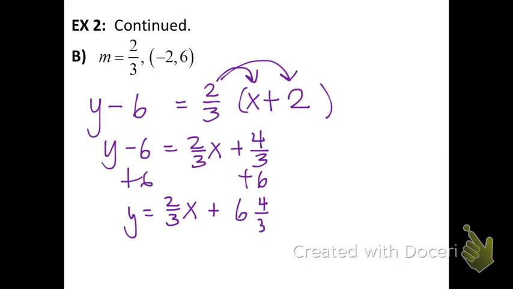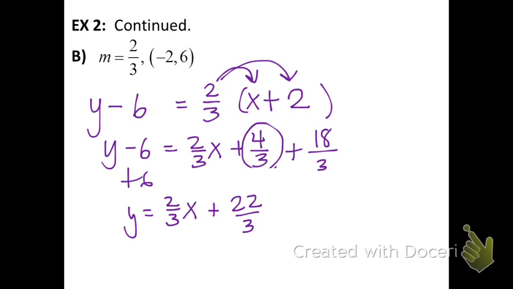So we either need to convert the 4/3 to 1 1/3 and add those to get 7 1/3, or convert the 6 so that we have a common denominator, so we would be adding thirds, so 3 times 6 is 18, and 4/3 plus 18/3 would give us 22/3. Either form I will accept. I'll either accept mixed or the improper.